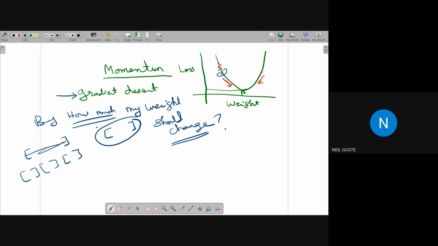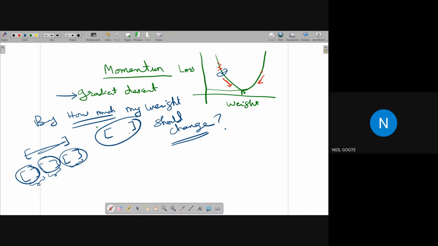So I am here, let's say, this is my weight at this stage. Should I only be influenced by the batch I am seeing right now, or by my history, the previous batches I have observed and the gradients observed with them? Each batch has an accumulated gradient or a mean gradient, whichever way you want to look at it. Should the gradients of my past batches influence me or not?